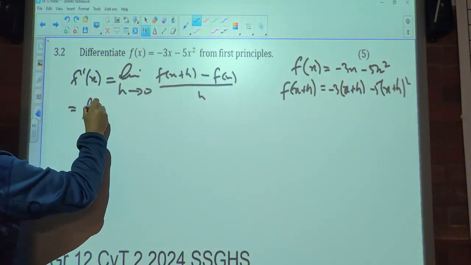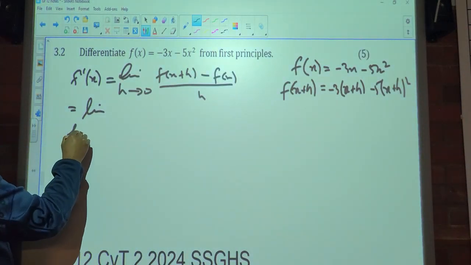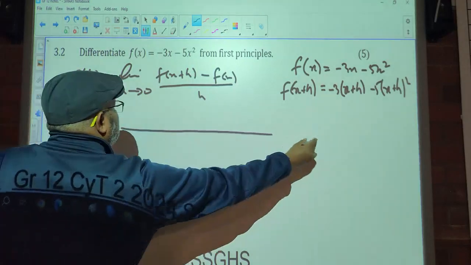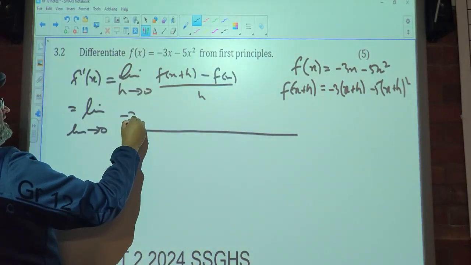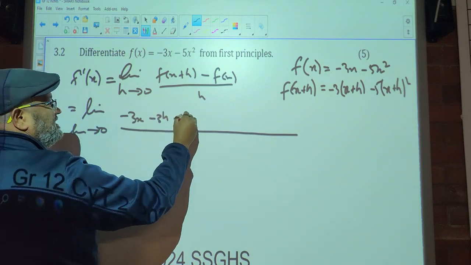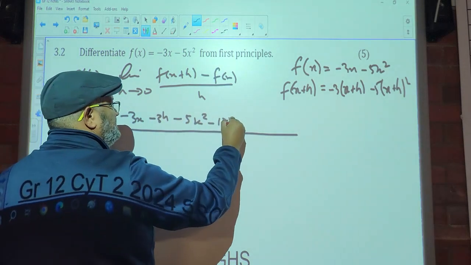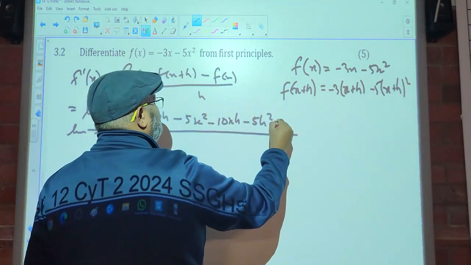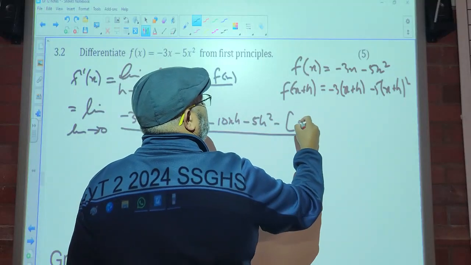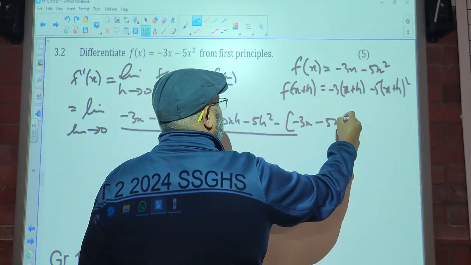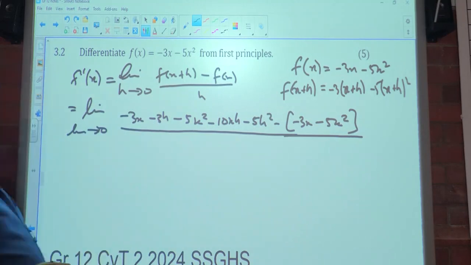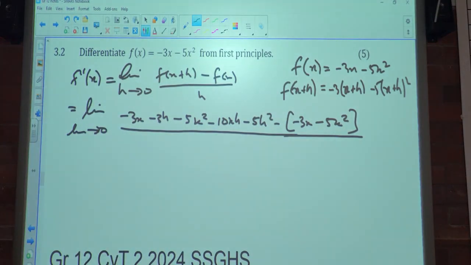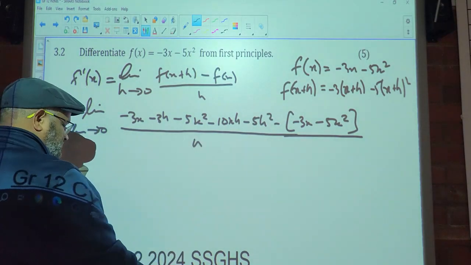Alright, so I'm going to do my first step in cancelling there as well in one time. So that would give me negative 3x minus 3h minus 5x squared minus 10xh minus 5h squared minus open brackets negative 3x minus 5x squared. Why do I put that in the bracket? More than one term following a negative sign. So that's all over h.